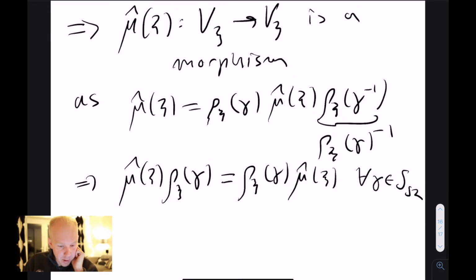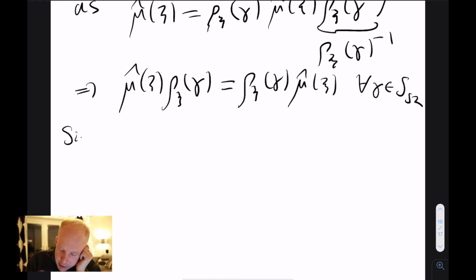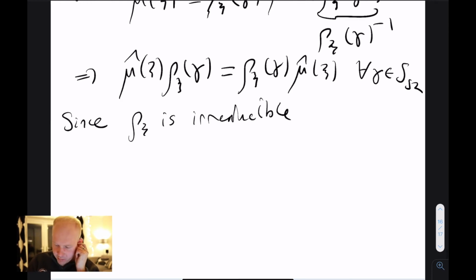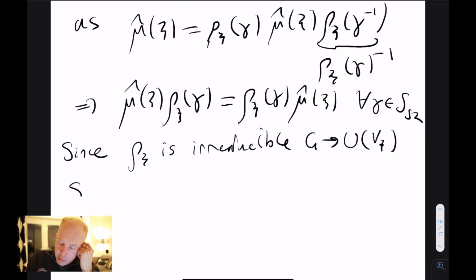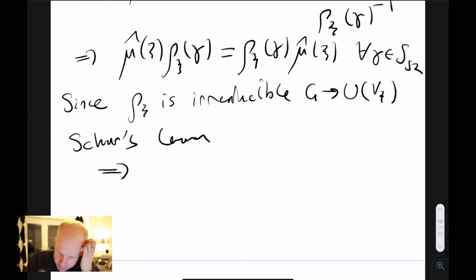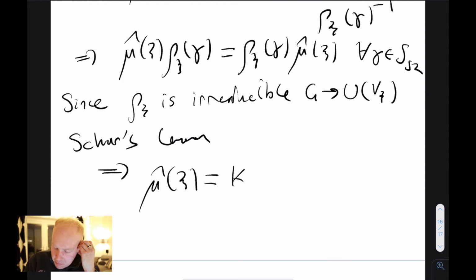Since this rho psi is irreducible, remember that if you have a morphism from the vector space to itself, and these are irreducible representations to the unitary group of the vector space V psi, Schur's lemma implies that this Fourier transform has to be equal to some constant k psi times the identity matrix on the vector space V psi.